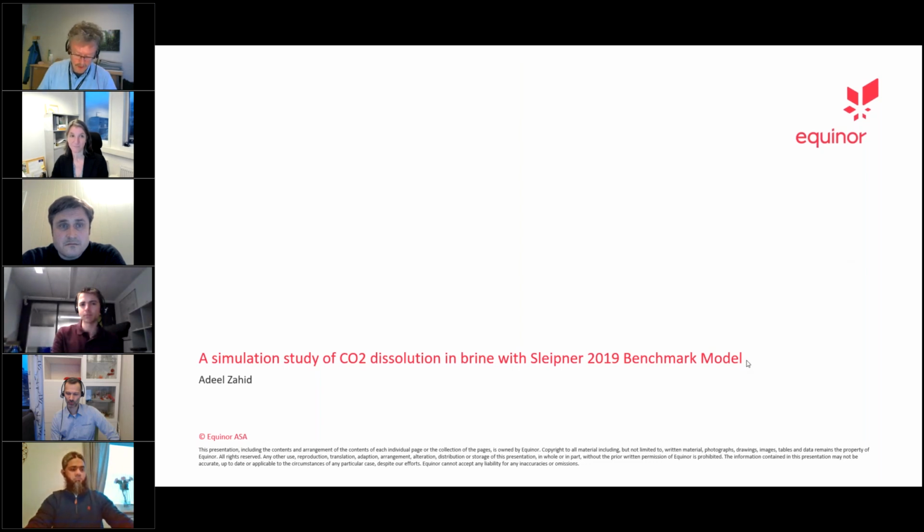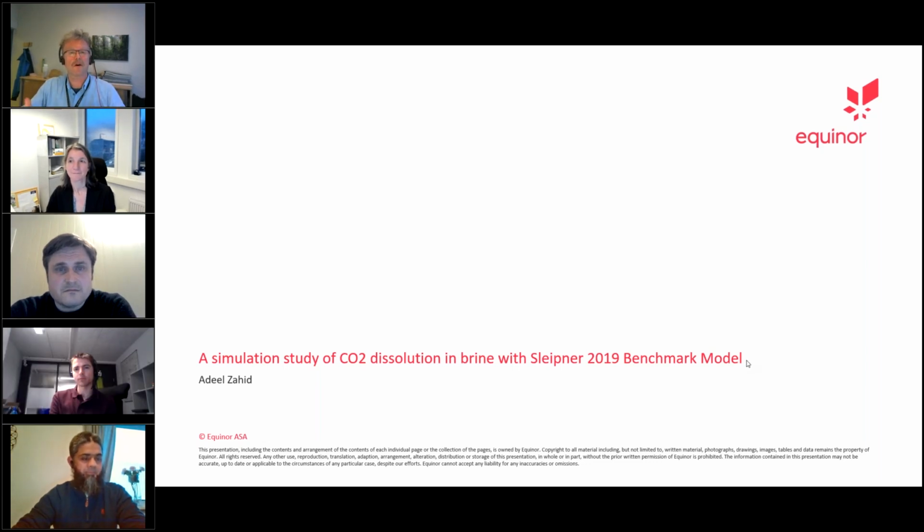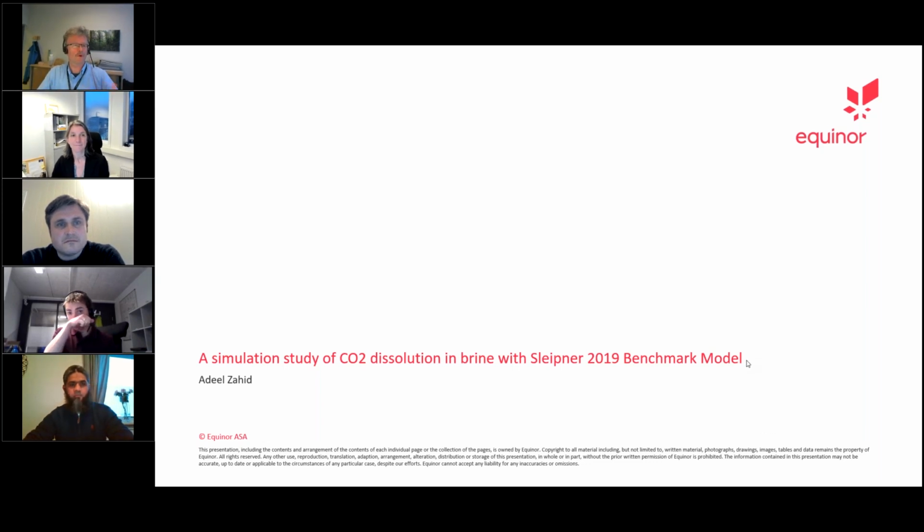Very good. I would like to connect to others in the audience here that the objective here is not just to match Sleipner. The objective is to understand these processes, and we see that the simulators are evolving all the time. We've had the vertical equilibrium approach very much addressed over the last years, but also the thermal effects.